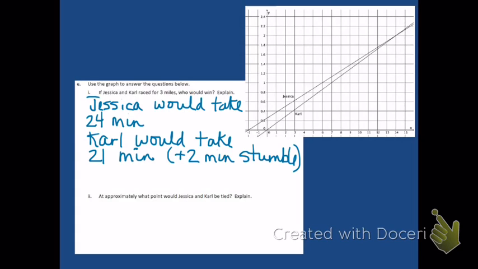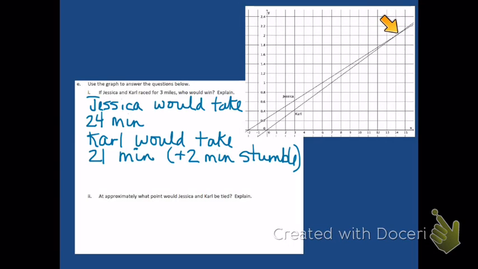The second part of that says, at approximately what point would Jessica and Carl be tied? We talked about this just a minute ago, and we saw on the graph we drew that at 14 minutes after Carl gets up, he will have gone 2 miles, which makes sense since he goes 1 mile in 7 minutes.